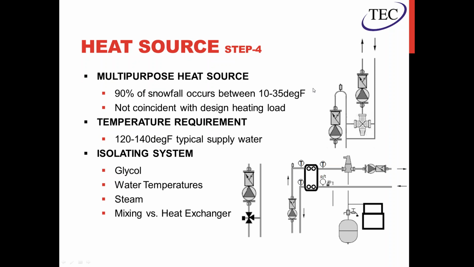All right, now in terms of what you can use as the heat source for the snow melting system, obviously a boiler system is the most common. If you're using a boiler system that has higher temps, you will need to supply some mixing. Typical temperature requirement for the supply water is around 120 to 140 degrees, although if the system is designed accordingly, it can be lower than that.